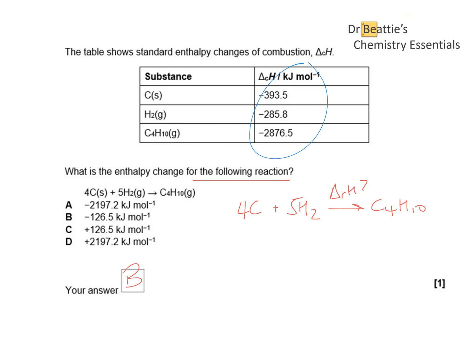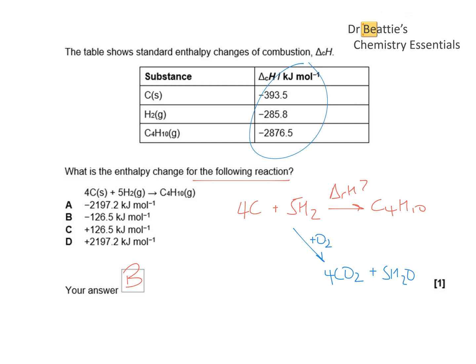So all we've got to do is very quickly construct a diagram with the arrows in the correct direction. So we burn carbon, we're going to form carbon dioxide, so 4 CO2. And then we've also got 5 waters on combustion of the hydrogen. So this is in excess oxygen, although that isn't really necessary for any of the marks.